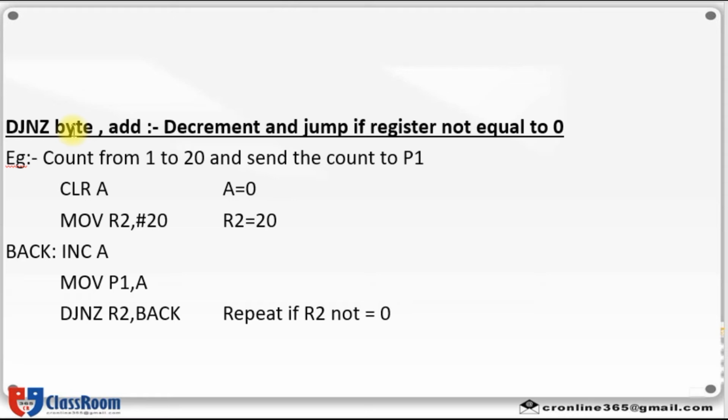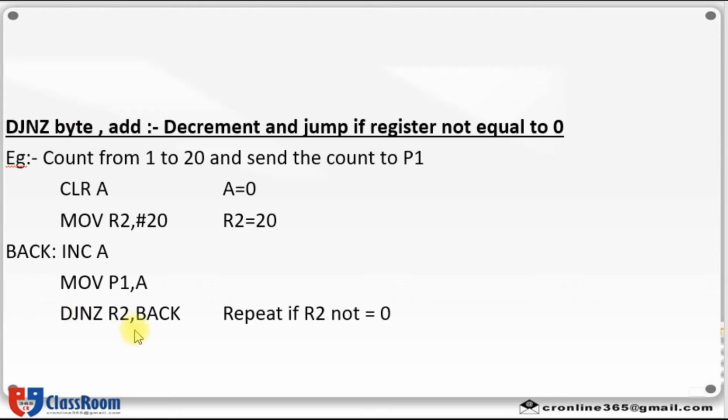Decrement and jump if register not equal to 0. That means decrement the contents of the indicated address by 1 and check to see if the contents at this address is 0. If the content is not 0, branch to the indicated address location.